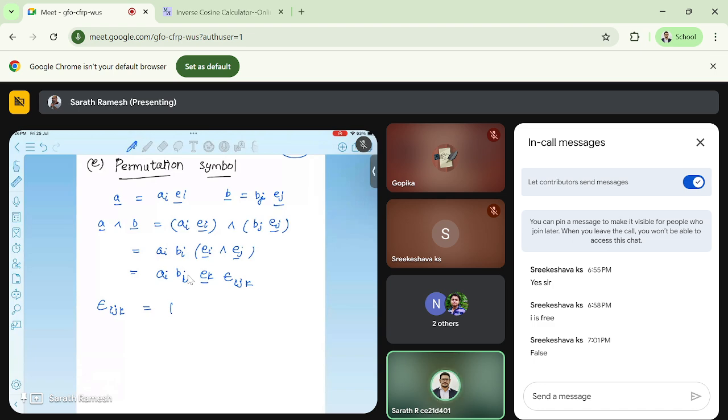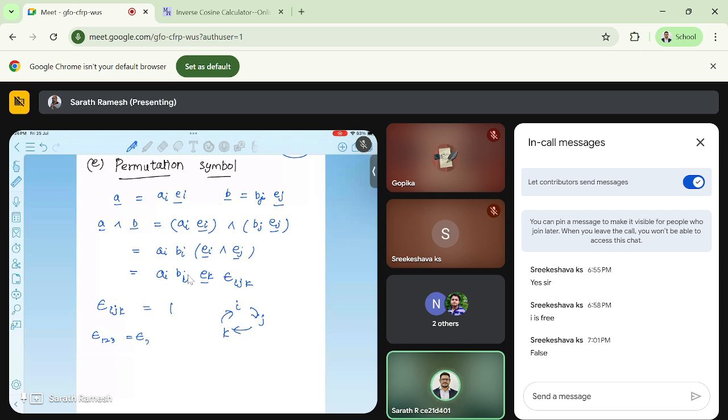Okay, 1, 2, 3 is coming in this clockwise rotation. Epsilon ijk is equal to minus 1 if it is coming in the anti-clockwise direction. 1, 2, 3 is there, but it's going reverse, like epsilon 1, 3, 2, epsilon 3, 2, 1, epsilon 2, 1, 3. All these are minus 1.